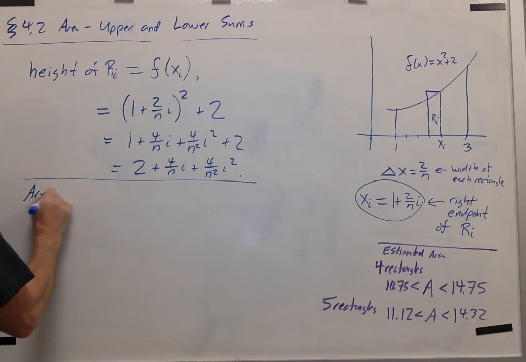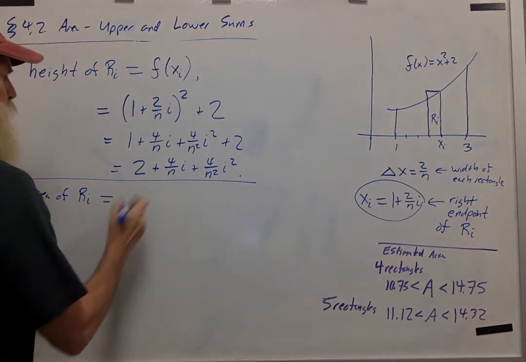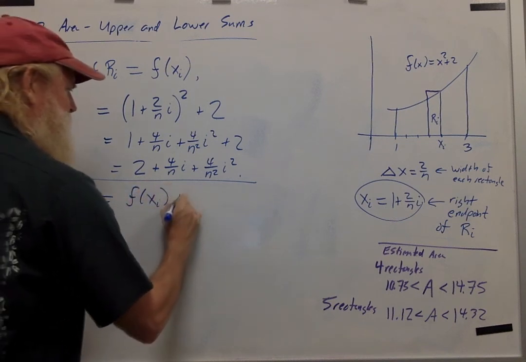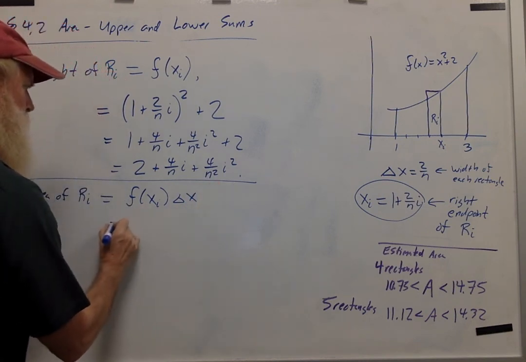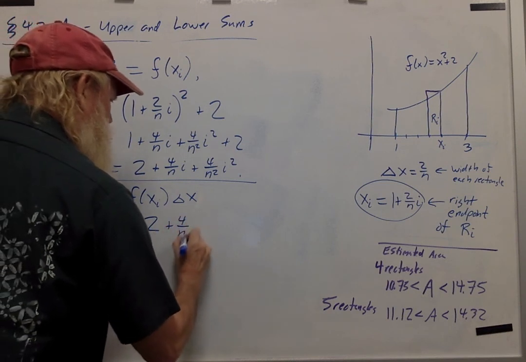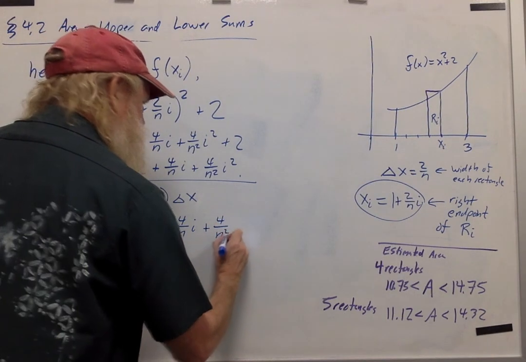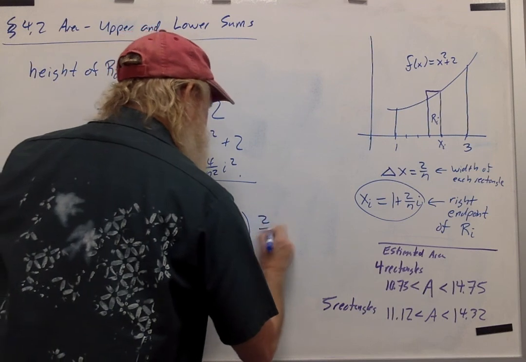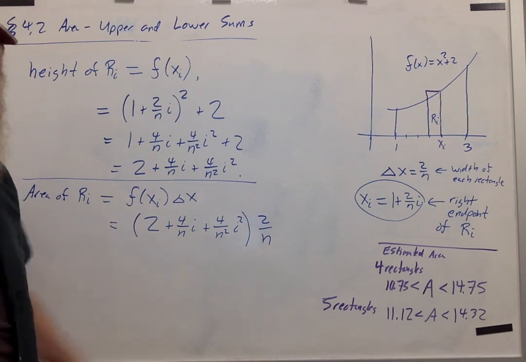So the area of R sub i is going to be the height times the base. So that's f of x sub i times delta x, which is 2 plus 4 over n times i plus 4 over n squared i squared multiplied by 2 over n, because delta x is the same as 2 over n.